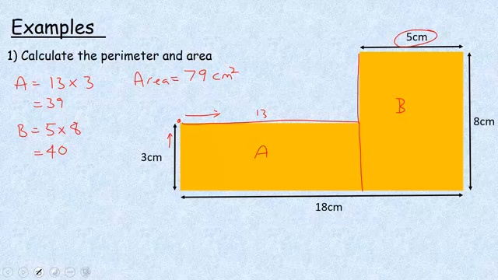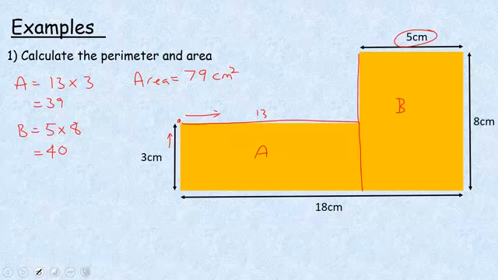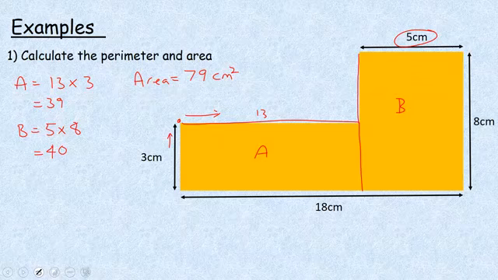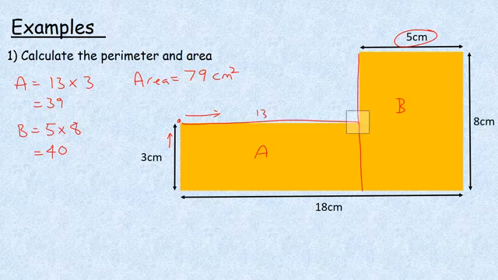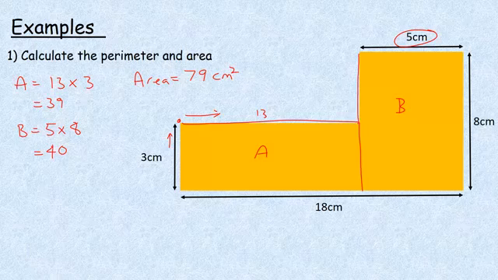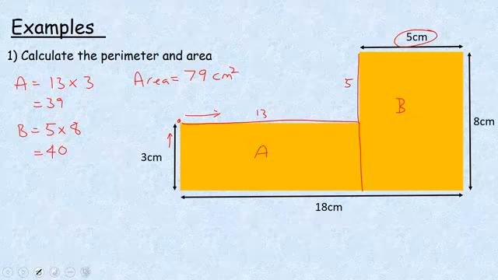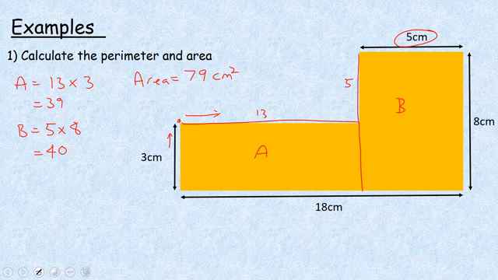But if I look at the total height, I've got a total height of 8 centimeters, and my height of my rectangle A is 3 centimeters. So we've gone up 3 to get to here. So we need to go up another 5. 3 plus 5 is 8. Another 5 to go here.